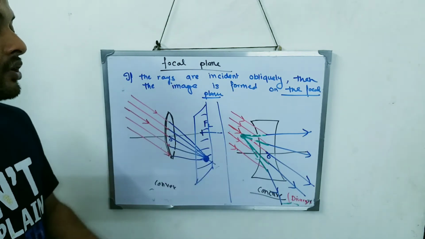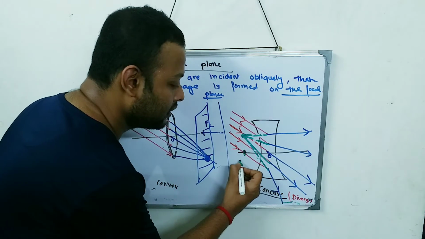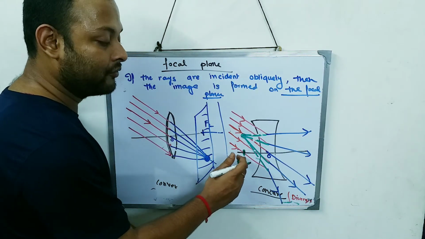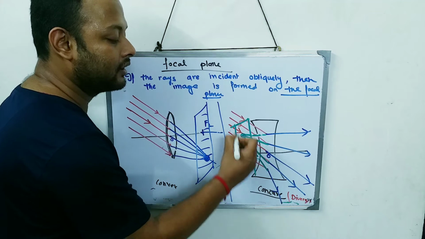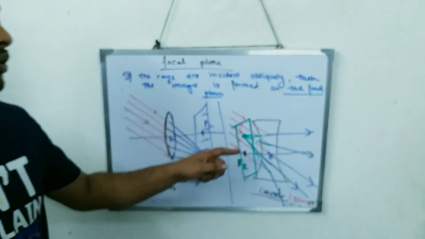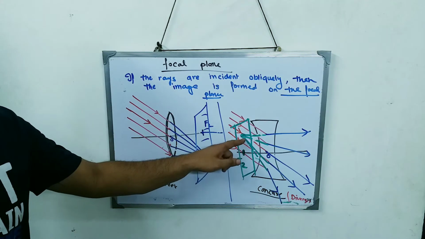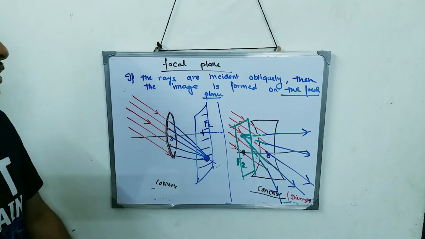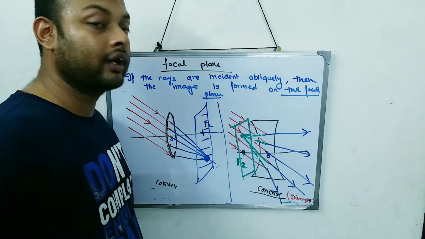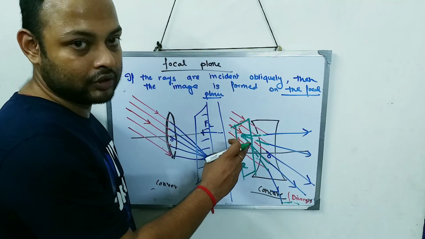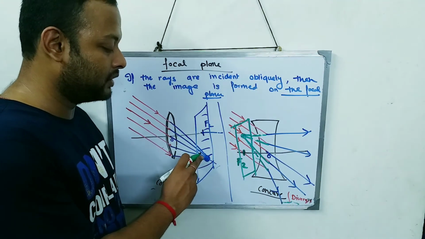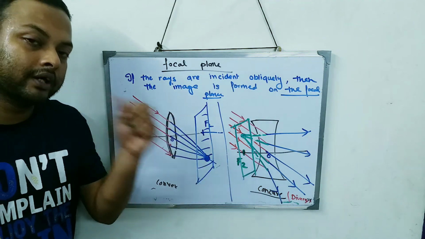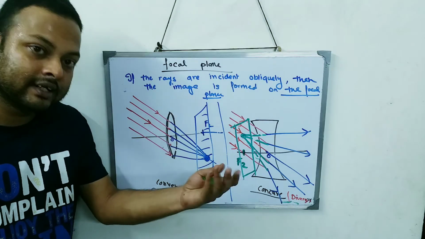Now this point is not the focus. Focus is over here. So the image is not forming at F2, but it is forming on a plane at F2, the second focal plane. So this is the importance, okay? And this image is a virtual image. The earlier one is a real image because it is formed by the actual intersection of rays, and this is a virtual image because it is formed by the rays being extended backwards.